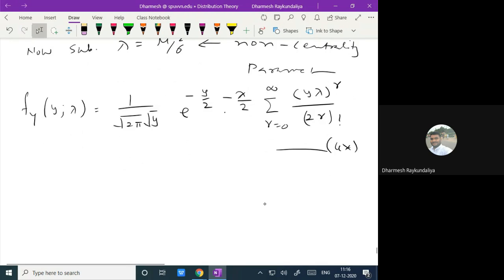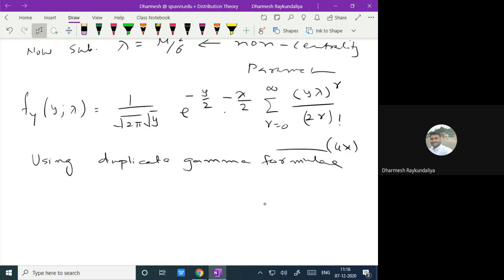Now use the duplicate gamma formula. What is the duplicate gamma formula?